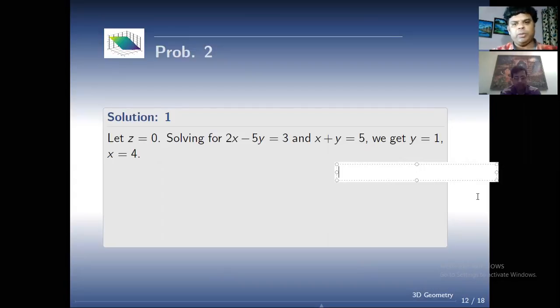x plus y equals 5, so I'll have y equals 5 minus x. I take this and plug it into the first equation, so 2x minus 5 times (5 minus x) is equal to 3.